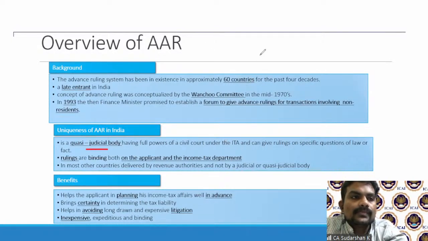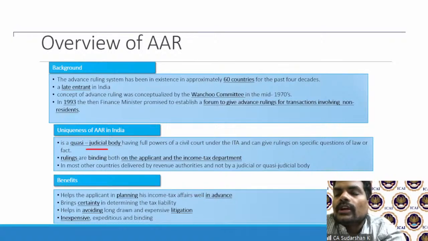Now, this was coming under the Ministry of Law, and you can go in advance. Look, I'm a non-resident. I'm going to enter into a transaction with an Indian company, and I want to know what is the taxability. Imagine how wonderful it is.